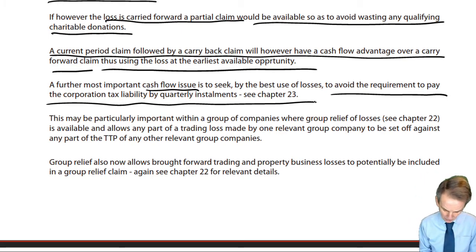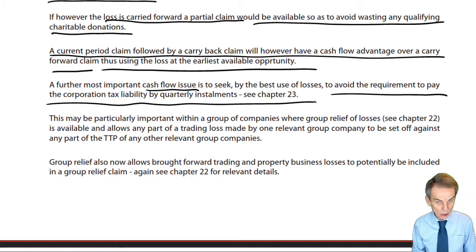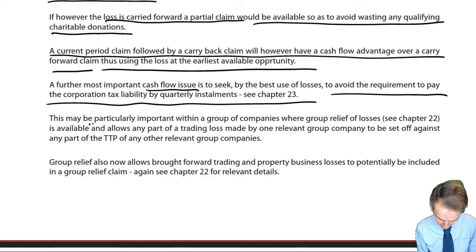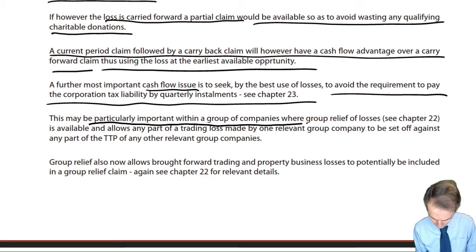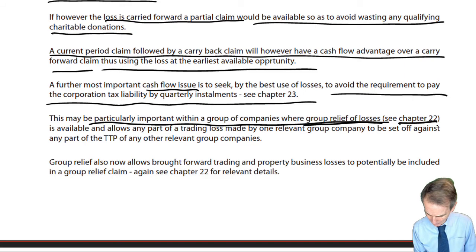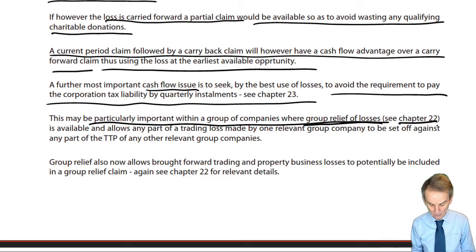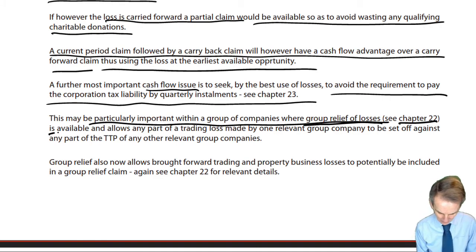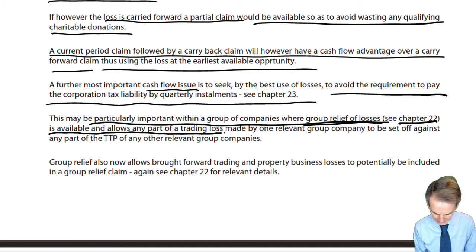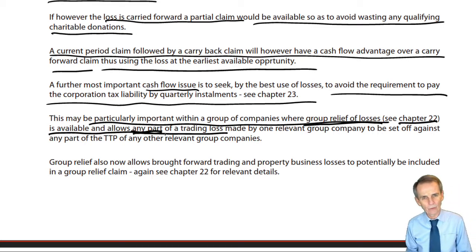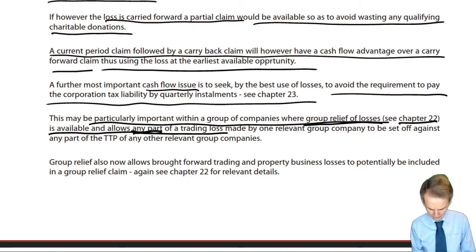And what we are told here is that how we use these losses and getting the best use out of them may be particularly important within a group of companies where group relief of losses is available. We've got an entire chapter dealing with groups, chapter 22, and group relief allows any part, like with a carry forward claim, we have flexibility as regards the use of the loss.